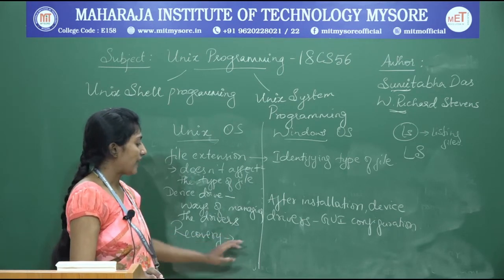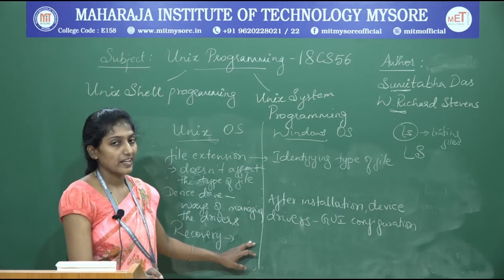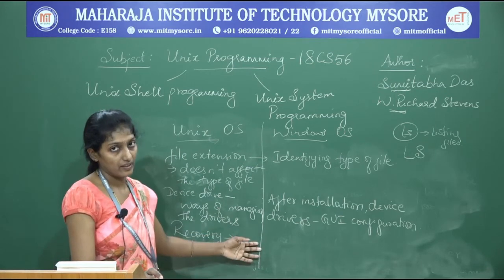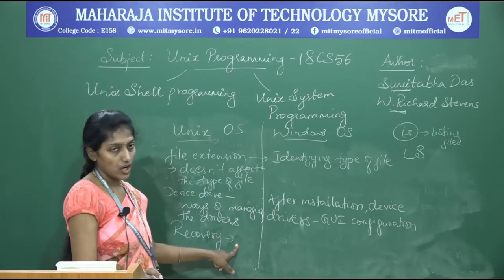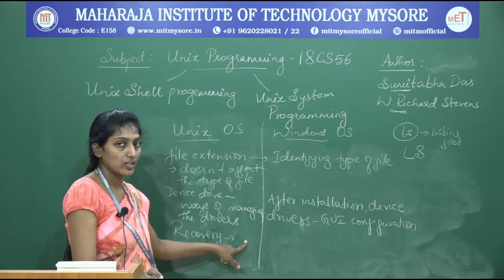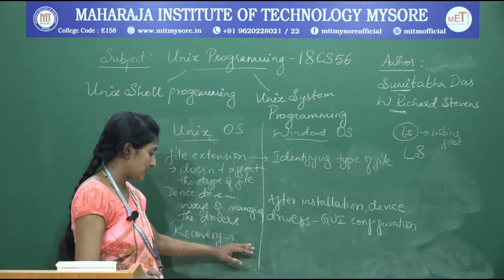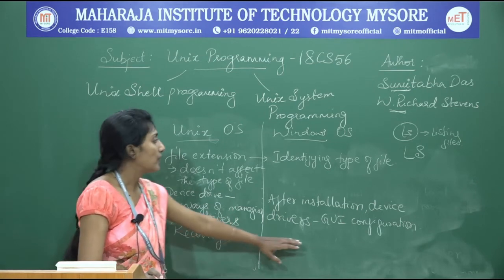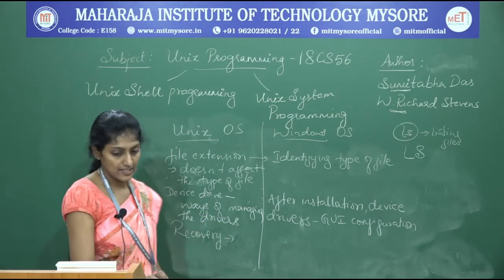Even though we have a trash, a few files might not get recovered at all. The data which you have removed from the OS will not get recovered when compared to Windows.